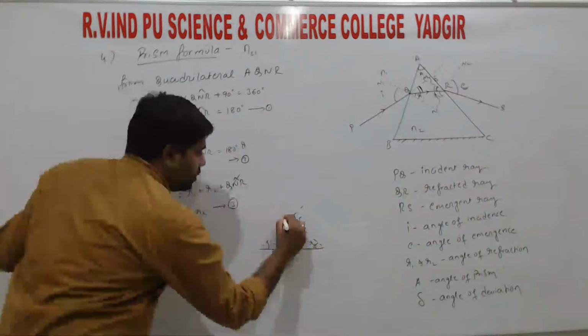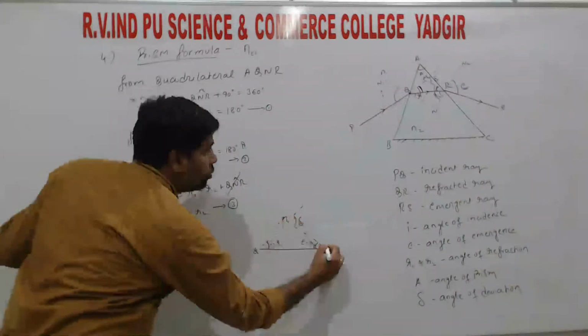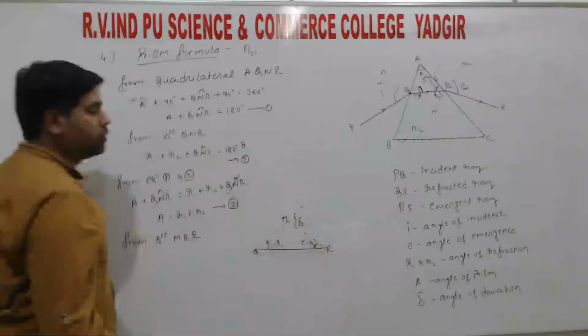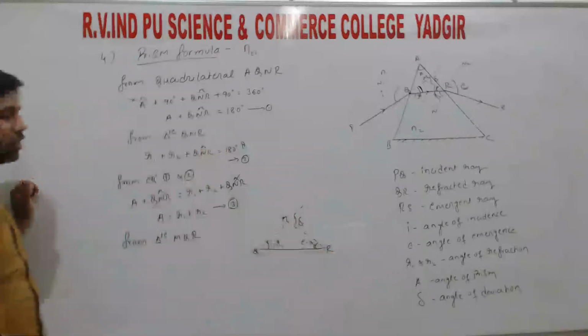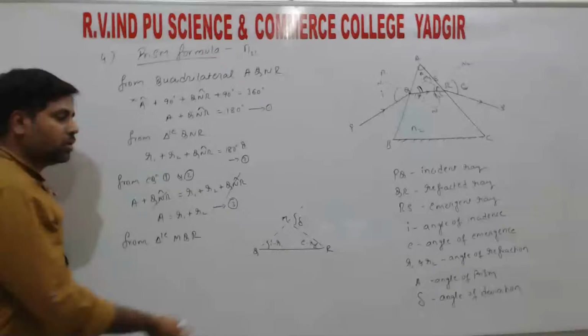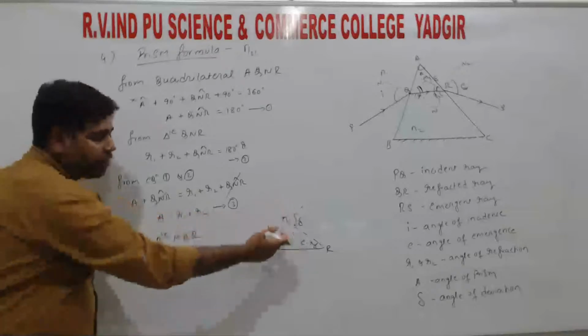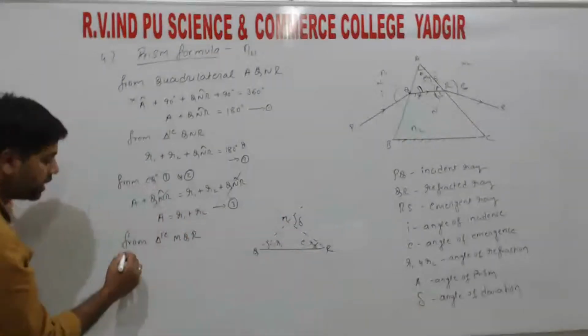So from the triangle MQR, now the last derivation: exterior angle is equal to the sum of the opposite interior angles, right?